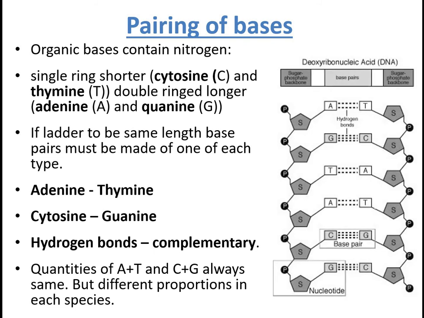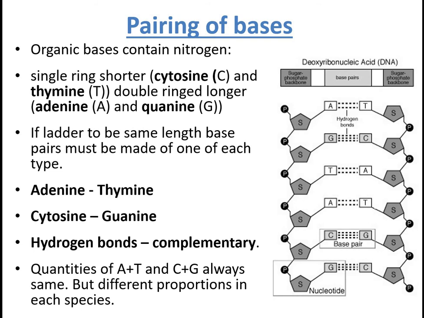So we now just want to look in a bit more detail at the pairing of bases. So the organic bases contain nitrogen. So you've got your single ring shorter cytosine and thymine, and you've got your double ring longer adenine and guanine. And for them to be the same length, they must pair in a certain orientation.